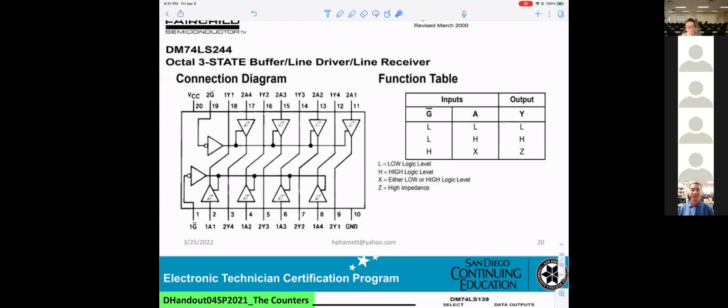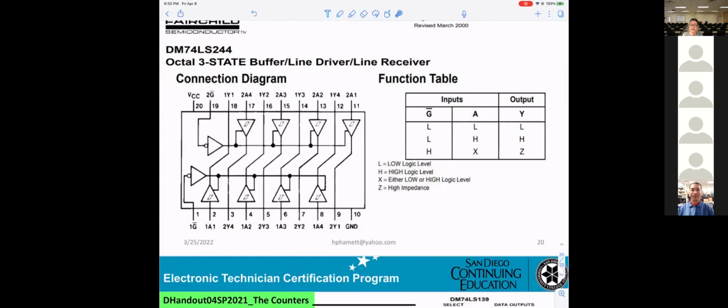That means they have separate control for each one. Pin number 1 allows pins 2, 4, 6, 8 in, and they go out 12, 14, 16, 18. And pin number 19 controls the other input. Okay, 11, 13, 15, 17, going out to pins 3, 5, 7, 9.